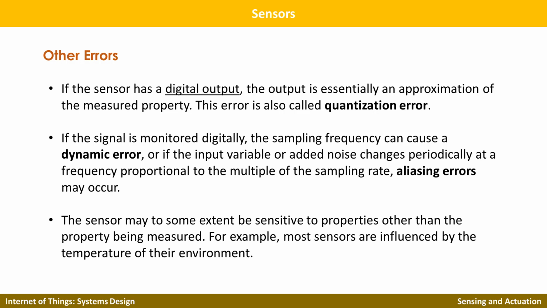The solution is to use a high enough sampling rate, or if this is not possible, to use an anti-aliasing filter in front of the analog to digital converter to eliminate the high frequency components before they get into the data acquisition system.